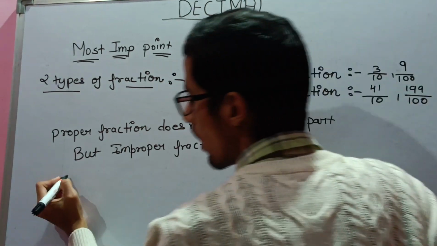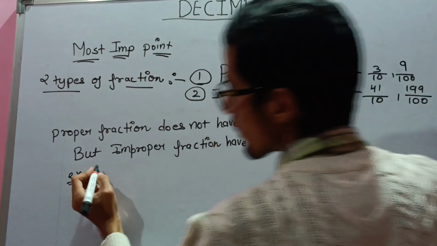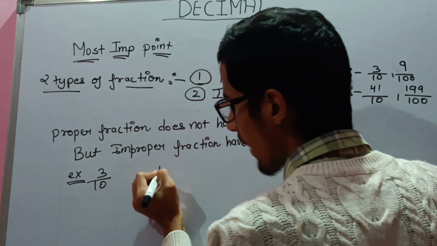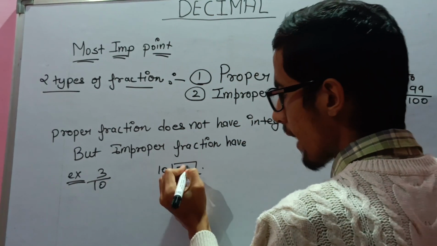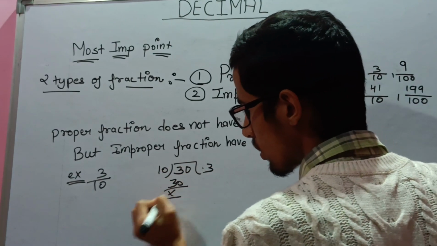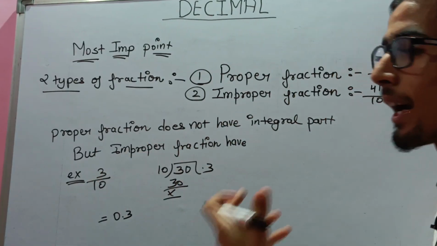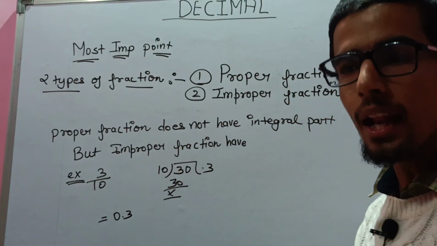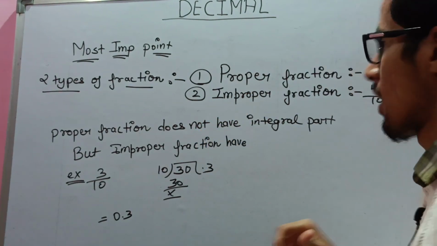Let's see the example. The proper fraction is 3 upon 10. If we divide 3 by 10, we put a decimal and write 0 inside. 10 threes are 30. So the answer came is 0.3. See in the before slide that there are two parts, integral and fractional. So an improper fraction has an integral and a fractional part.